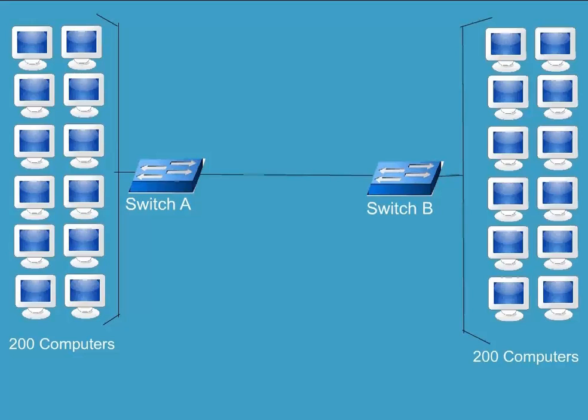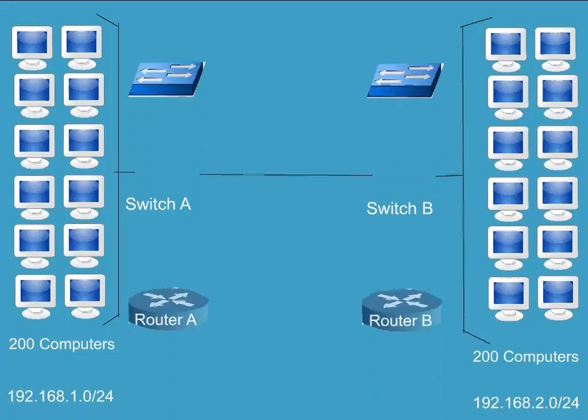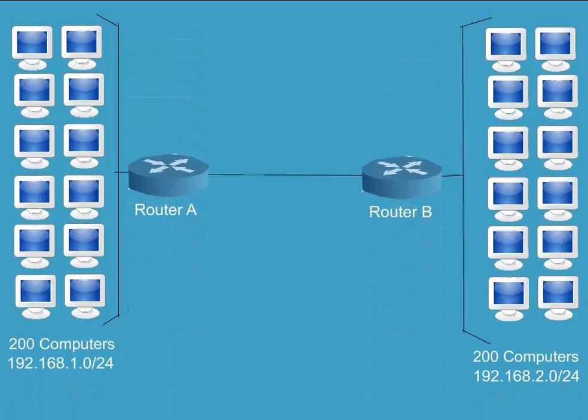Now, think about a really large network, for example, the internet. There are millions of devices. Would it be possible to have millions of entries in each switch's MAC address table for all devices on the internet? No way.